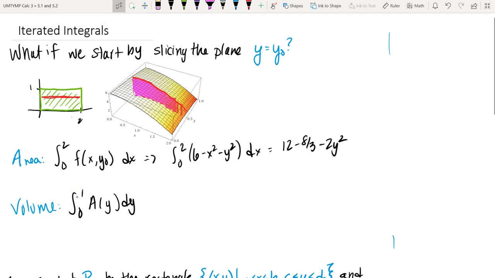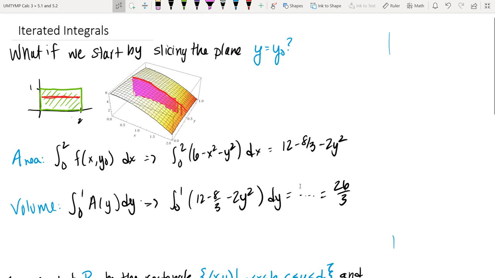In my particular example, this will be the integral from 0 to 1 of 12 minus 8 thirds, and I could have simplified that, I was just too lazy, minus 2y squared, dy. And at the end of the day, when I do all the number crunching, I get 26 over 3. So indeed, I get the same volume.